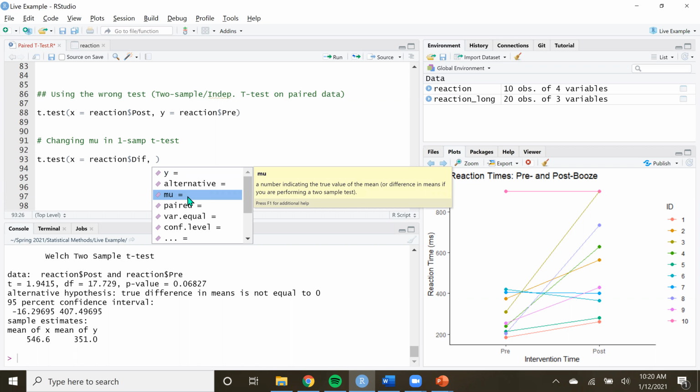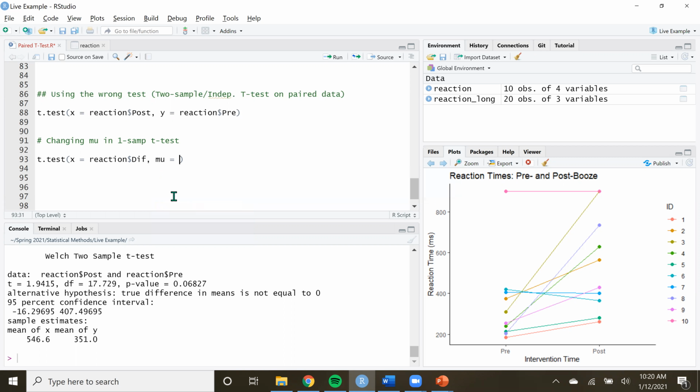And it even tells you what it is in the yellow box here, a number indicating the true value of the mean or difference in means if you're performing a two-sample t-test. It's very, very considerate, very thorough there with the old definition, right? So by default, when you're doing a one-sample t-test, that mu equals 0. But let's just say you wanted to change it to maybe 100 milliseconds in this case.